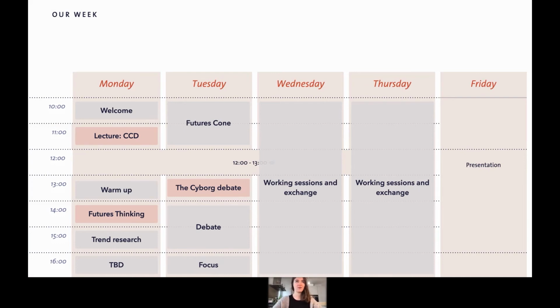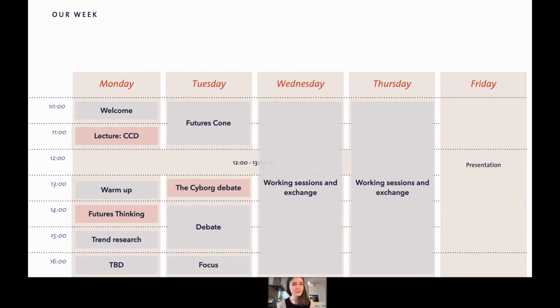Maybe quickly, generally, how the week is planned. So we have now this welcome part, and starting now with the Cyborg lecture. And in the afternoon, I thought it would be nice to have a little bit of a warm-up task, and we will then go a little bit deeper into the topic of future thinking. So thinking about speculative things in the future, and the theory behind that.